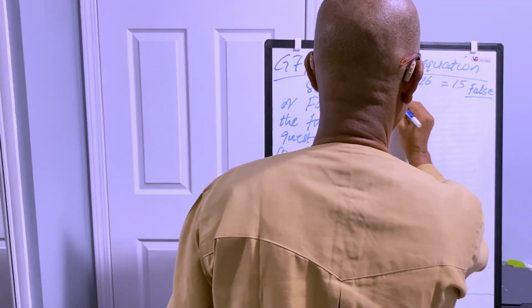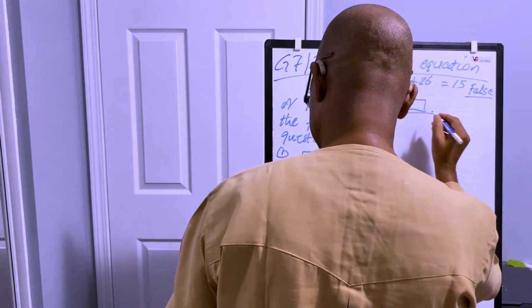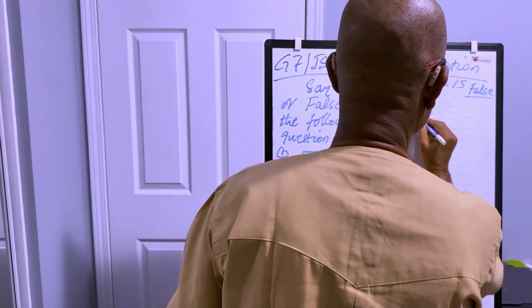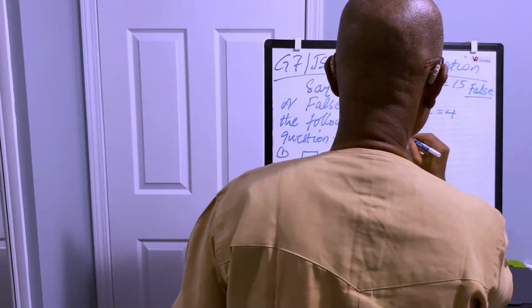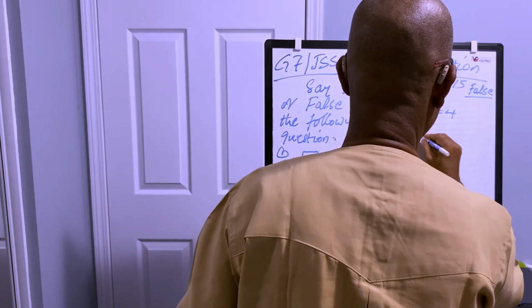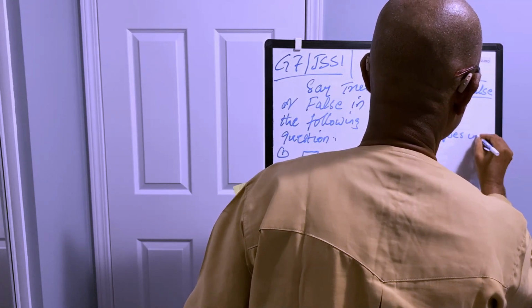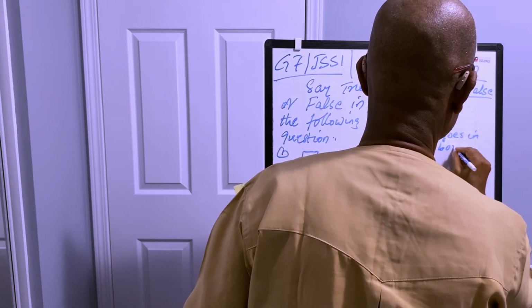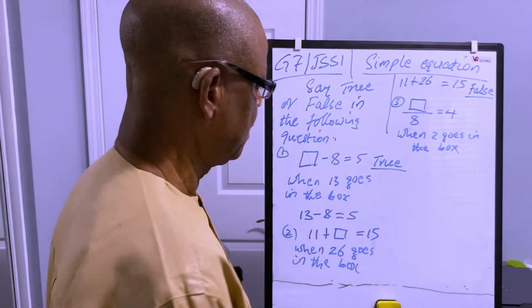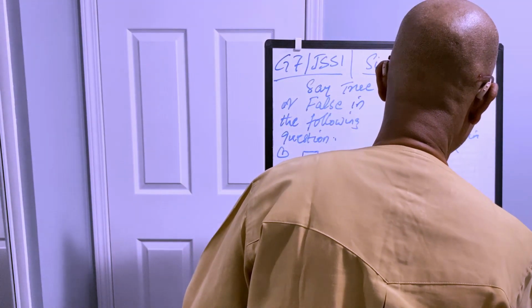Number 3, box divided by 8 equals to 4. When 2 goes in the box, you solve 2 over 8.